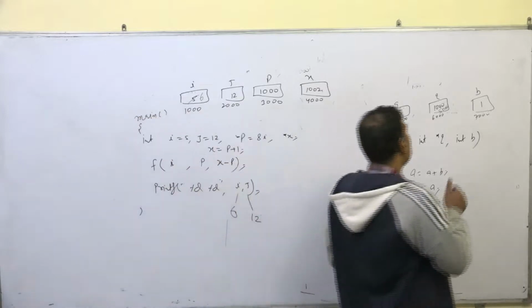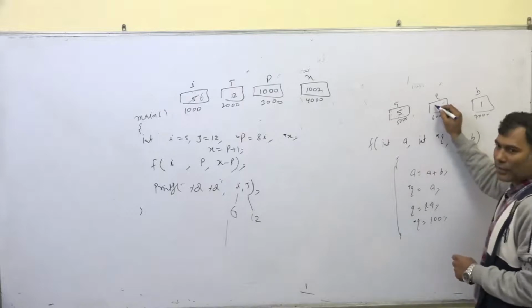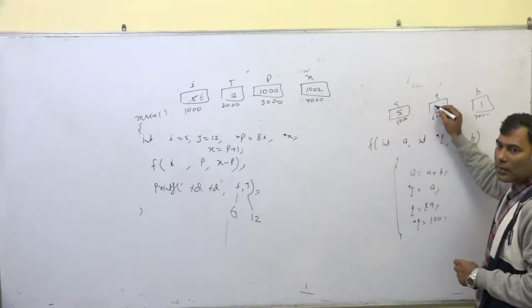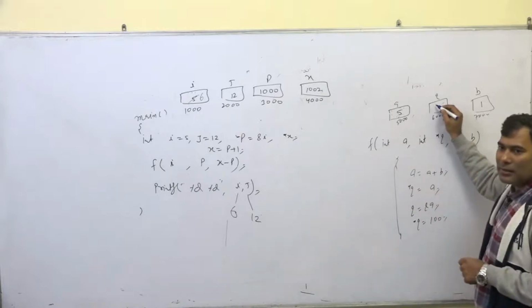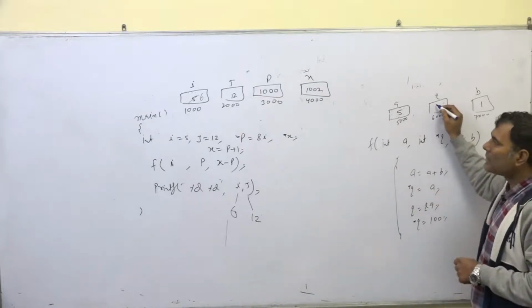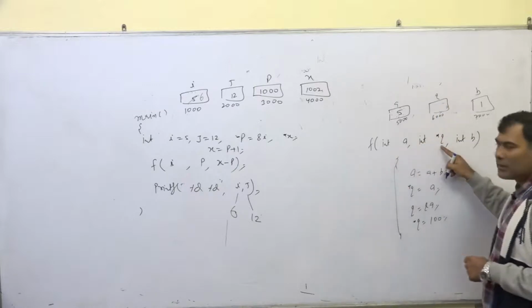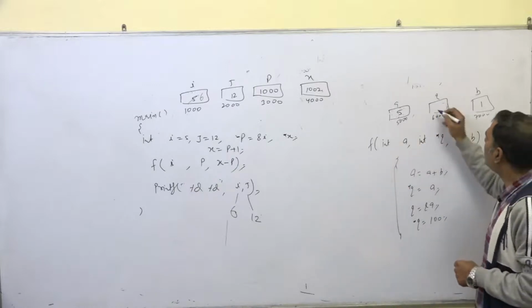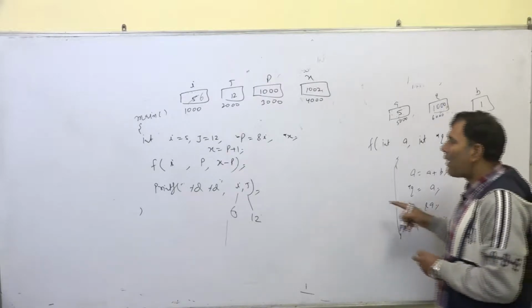So now in this case, q is a single pointer and it can hold what? You are sending p. P means 1000. So 1000 is going to store in q. So in q write 1000 or not. Now x minus p.